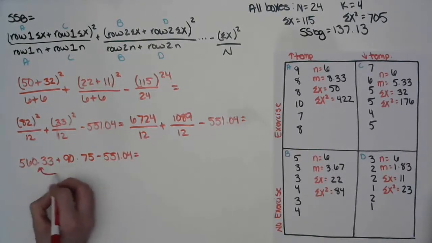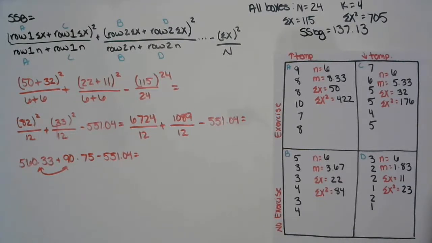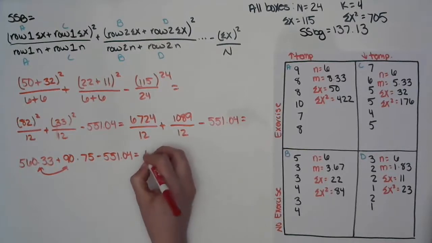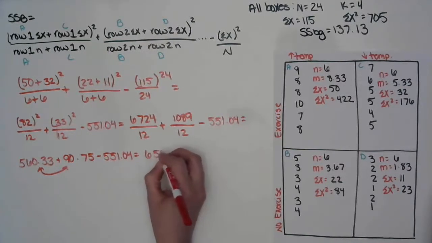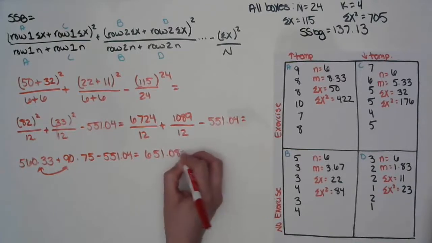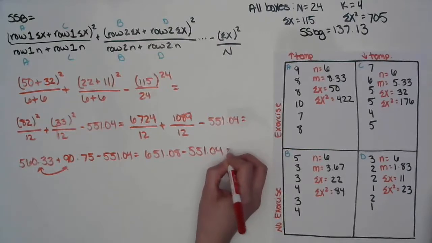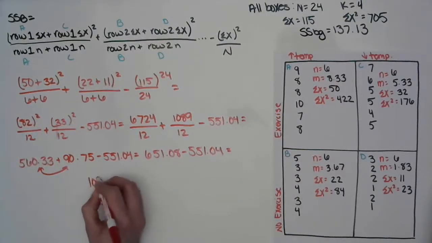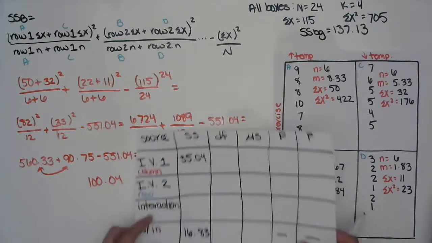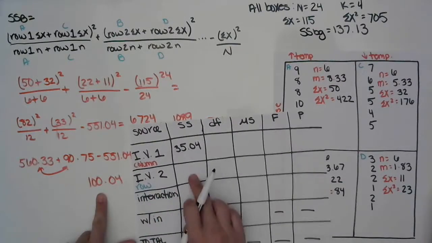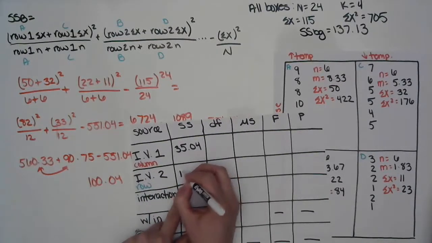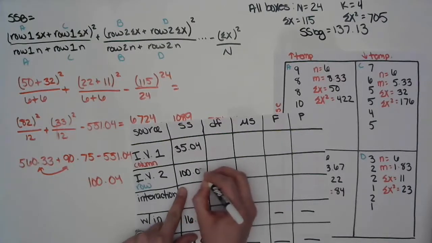Okay, so let's go ahead and do these two here. 560.33 plus 90.75 is going to give us 651.08 minus 551.04. When we solve that out, we get 100.04. And then we are going to take our table and write that value in. So the 100.04 is for SSB, which is for rows, so that goes here. So we have 100.04.